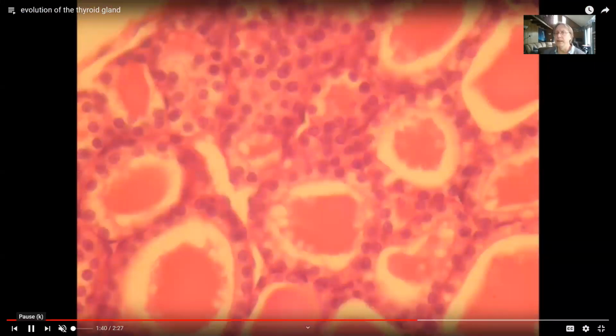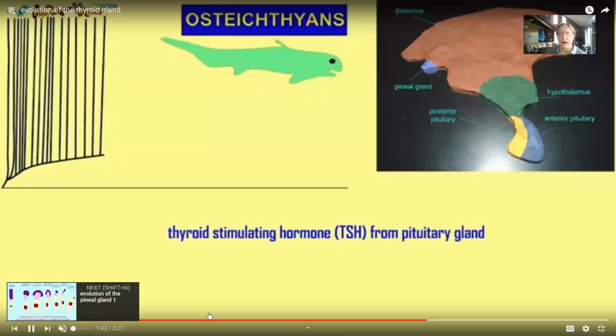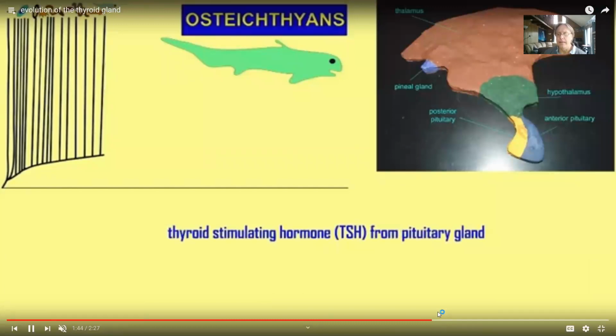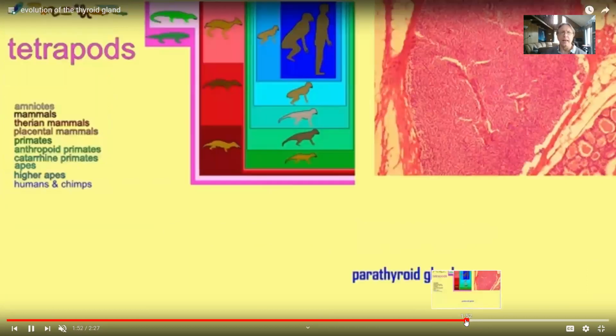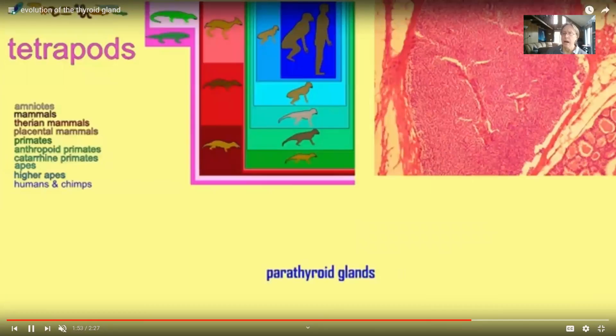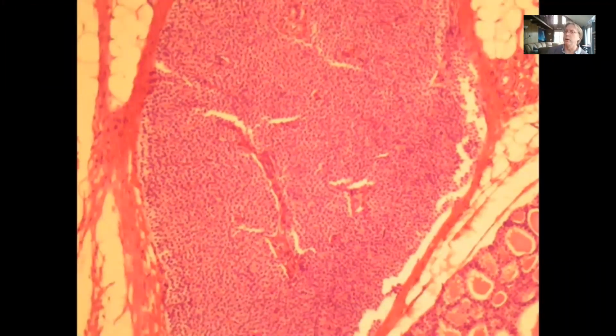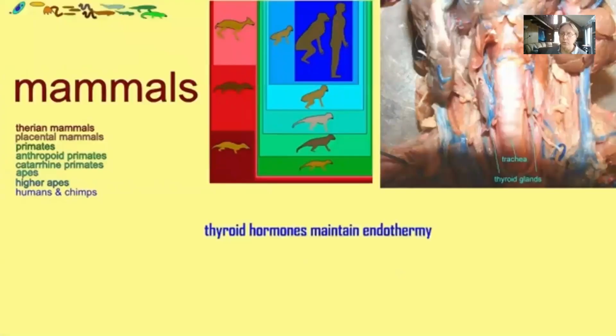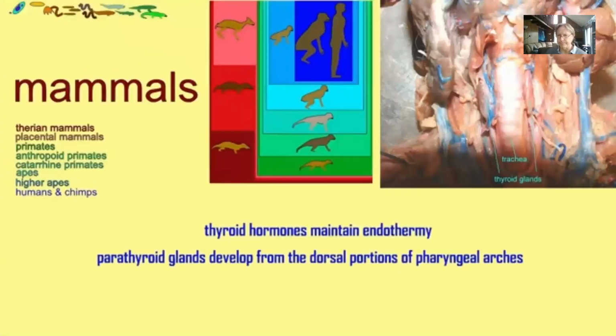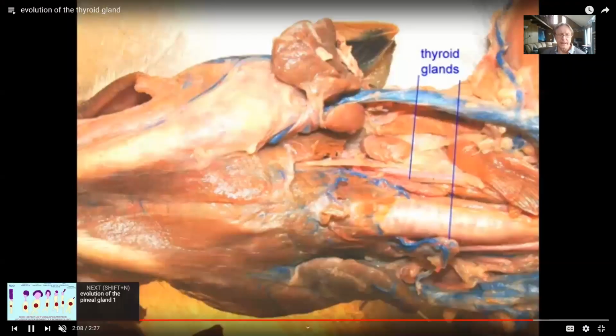And once we get to amphibians, then we have the parathyroid glands associated with them as well. And so the glands which mammals use to regulate their blood calcium, but also which they use to help keep warm in an endothermic metabolism, this then is a modification of the roles that they had in simpler organisms.